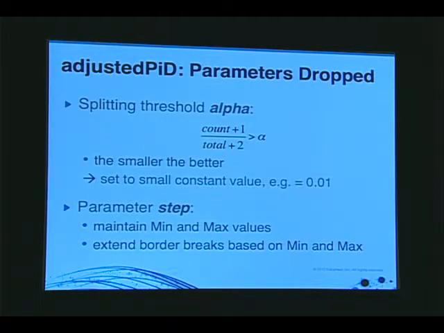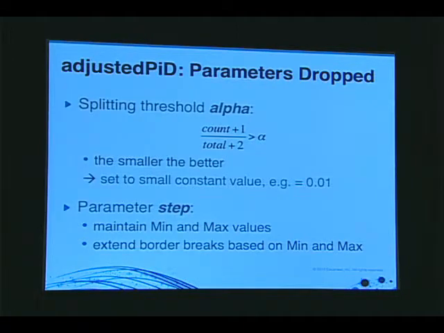This means actually that the smaller this threshold, the more often a bin gets split, which in turn means that we have many more bins, and the estimate of the histogram gets more accurate, so the error gets smaller. So this basically means set the threshold as small as reasonable and possible, and the error will be small. So we just say, okay, let's set it to a small constant, like, for example, 0.01.